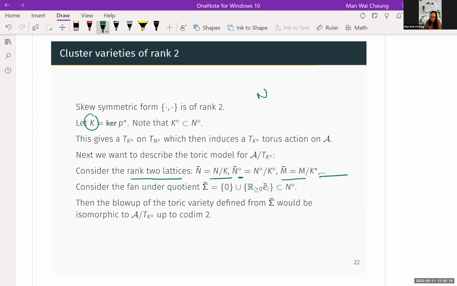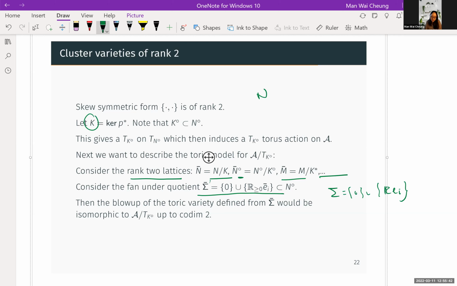Everything we just repeat. And then what we do next is, in the original cluster story, we look at the fan coming from our e_i. And now we look at how we quotient down those basis vectors to this two-dimensional lattice, two-dimensional space.